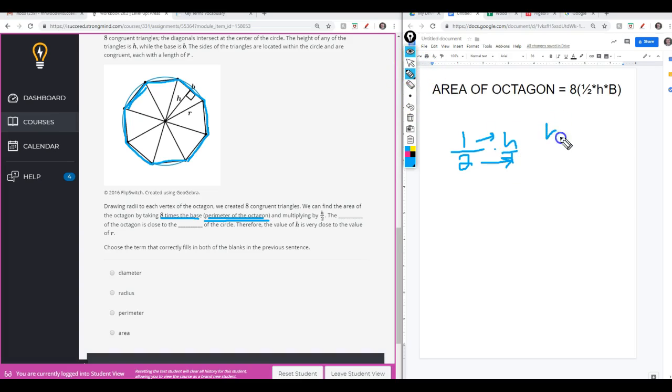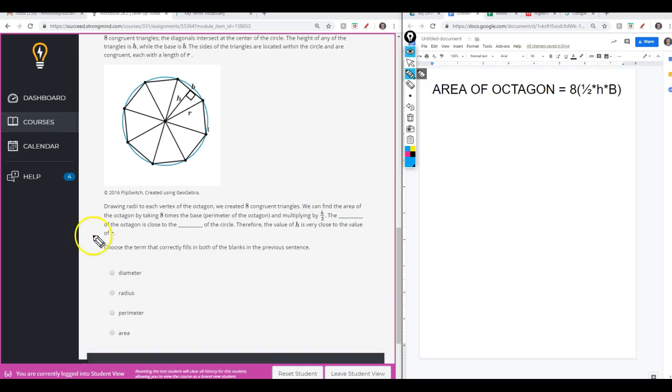So that's where they got h halves from: they multiplied this 1/2 times h. And they combined the 8 times our base right here. So they just rearranged this formula, which is completely legal with math and multiplication.